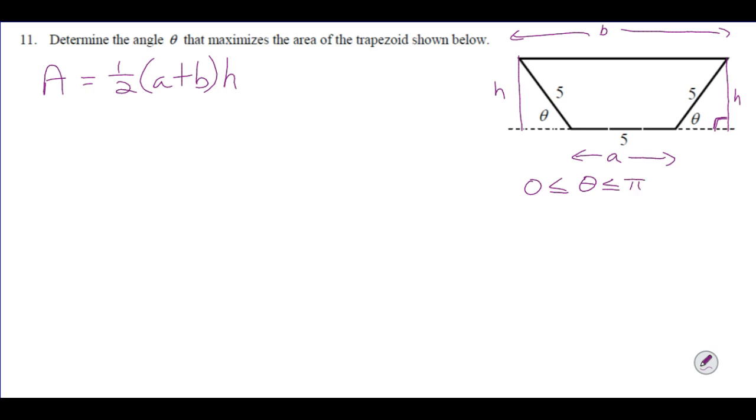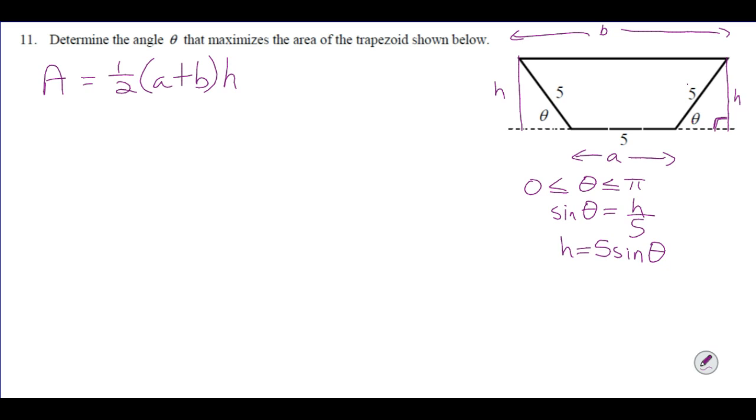If theta is 0, the area is 0, and if it's pi, the area is 0, since that side could be folded flat with no area. So theta is between 0 and pi. Here we have opposite over hypotenuse, so sine theta is equal to h over 5. So h is 5 sine theta.